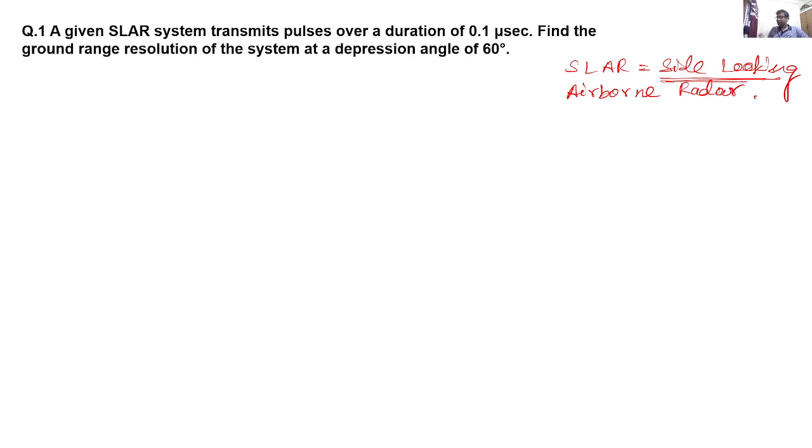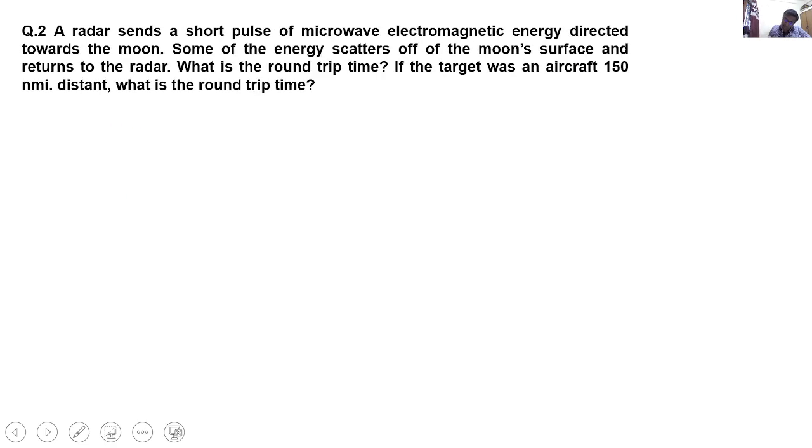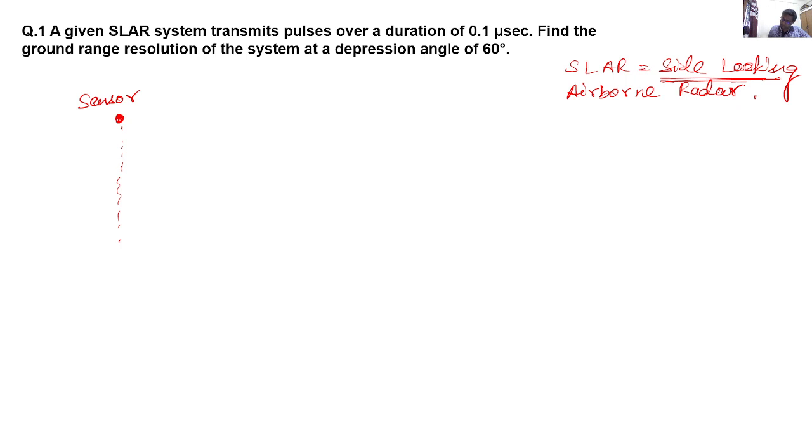Let's firstly plot a schematic of a typical radar system. So this, let us suppose, is a sensor. Let's plot a vertical, and let us suppose this dot is basically the target.